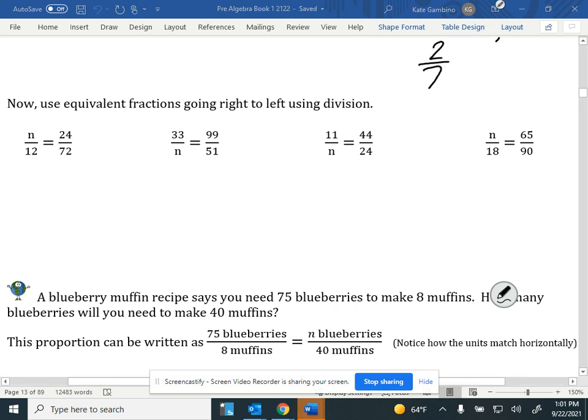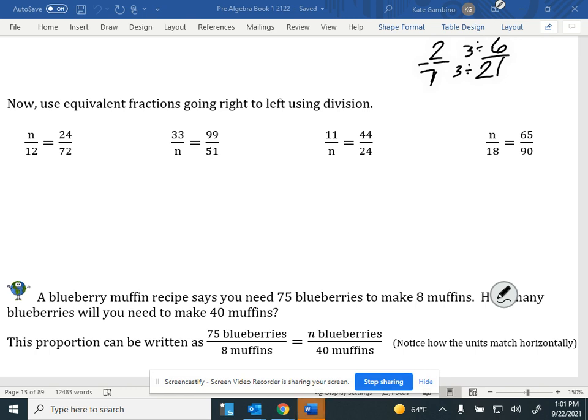We said that was the same as 6/21. Well, now we're going to have a missing on the left side. So instead of saying 2 times 3 equals 6, we're going to say 6 divided by 3 equals 2. So 21 divided by 3 would equal that 7.